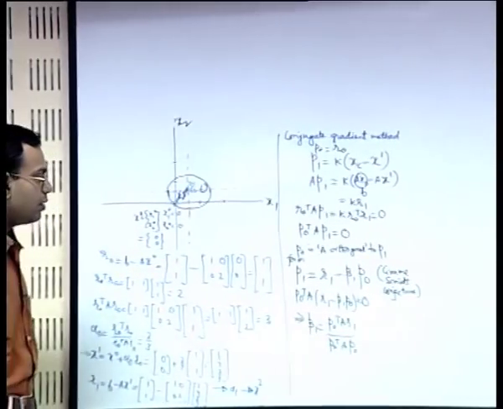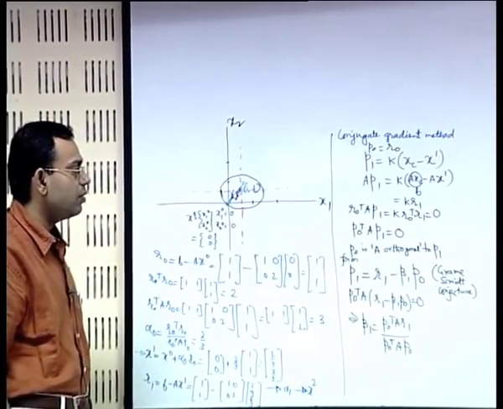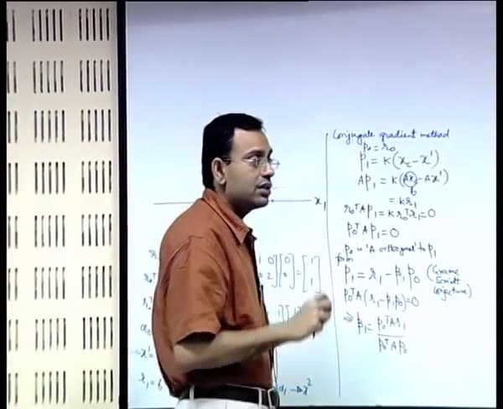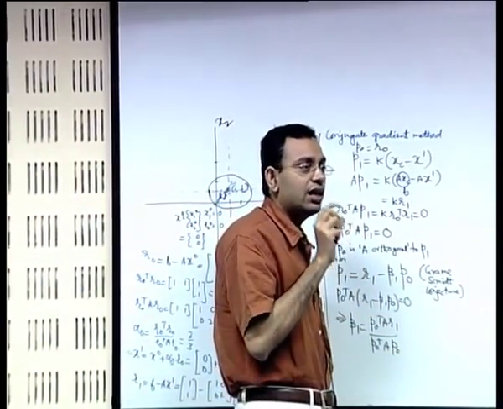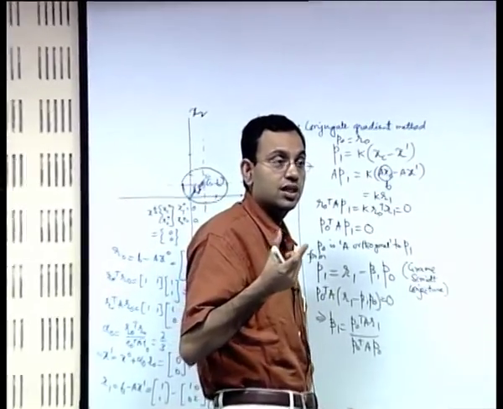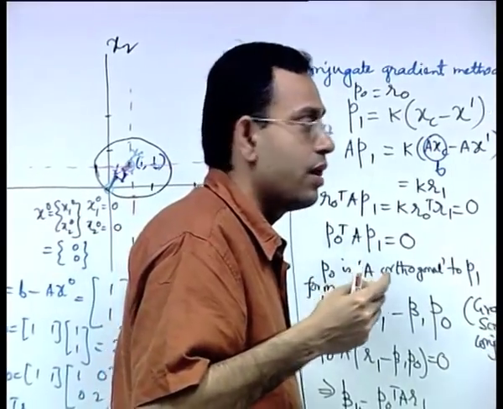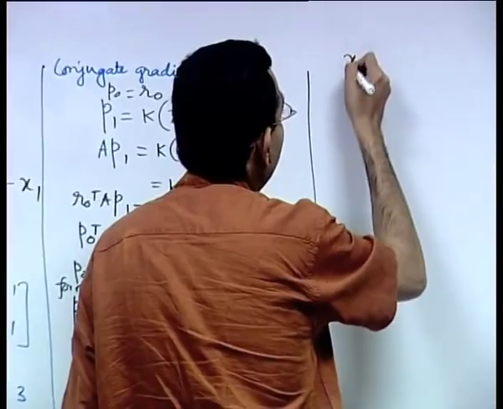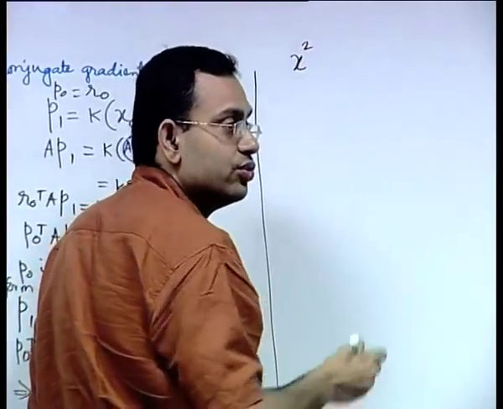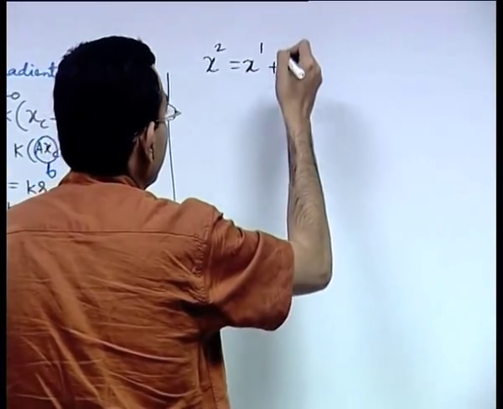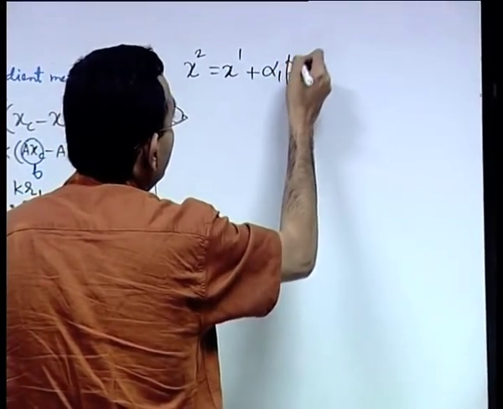So if you know beta 1, then using beta 1 you can find out what p1 is. But the next thing is that you know the direction in which you want to move, that is p1, but how much, that you have to find out next. So next you have to find out the next point x2. x2 is equal to x1 plus alpha 1 into p1.